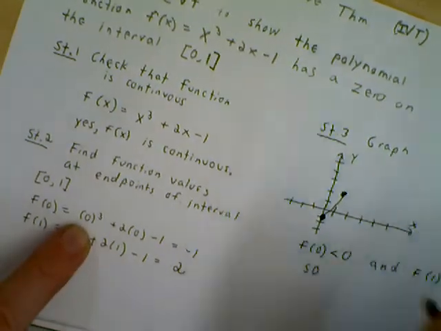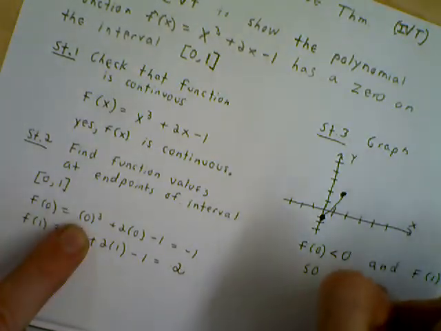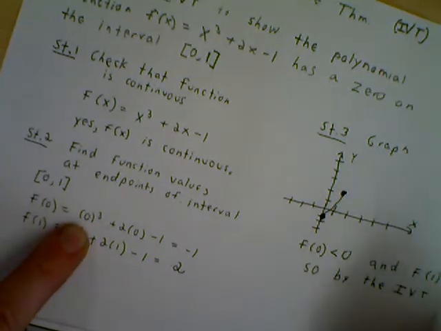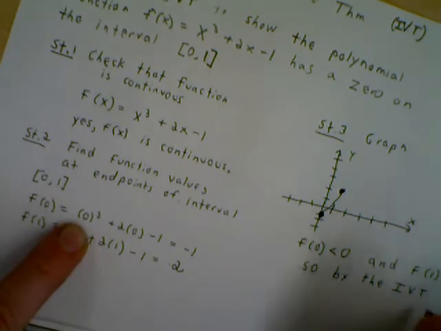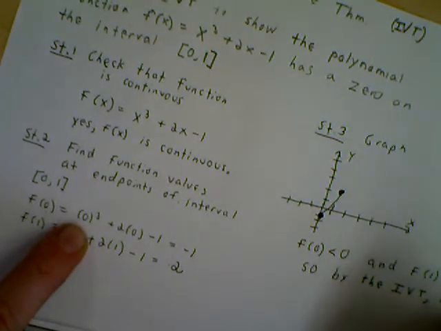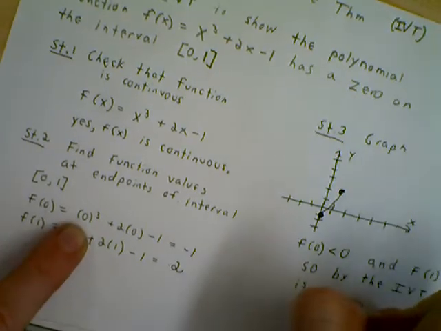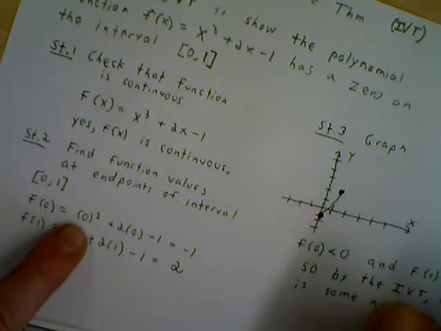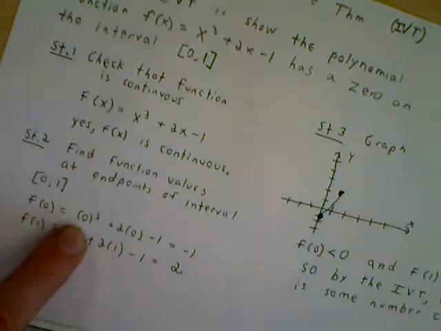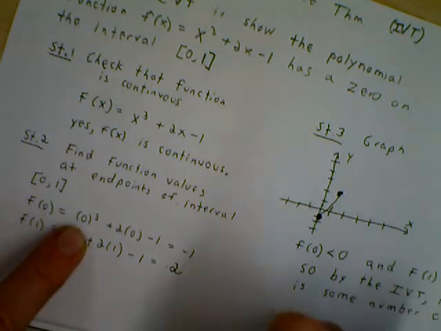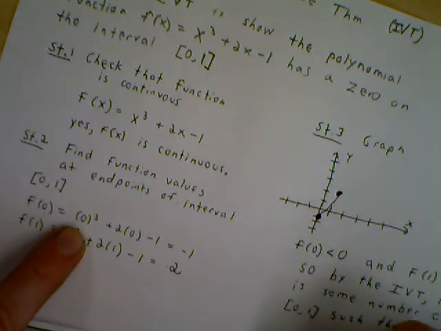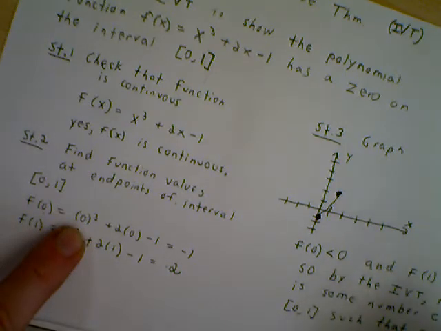So by the intermediate value theorem, there's some number c in [0, 1] such that f of c equals 0.